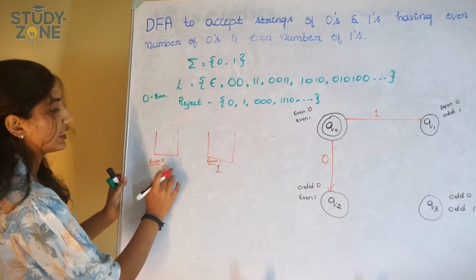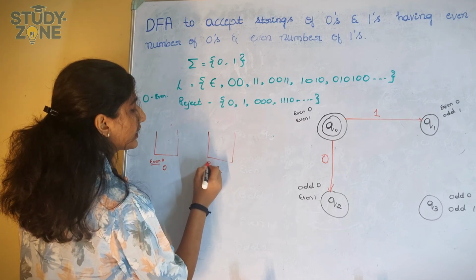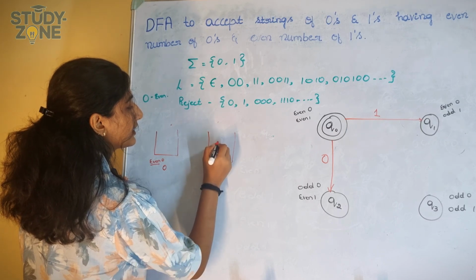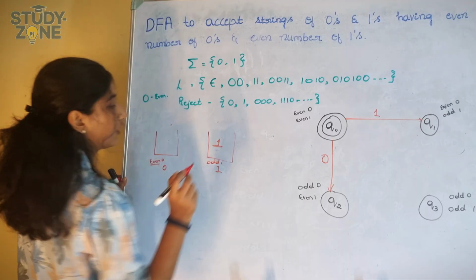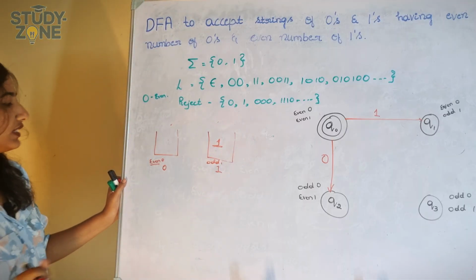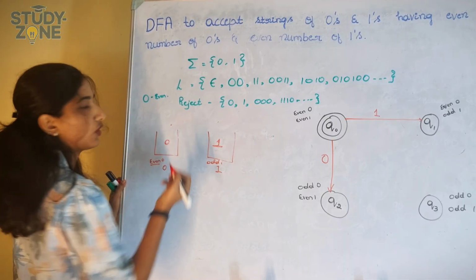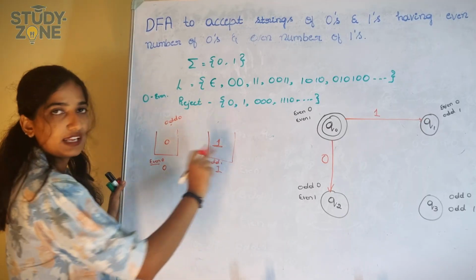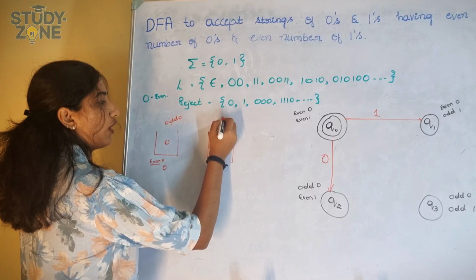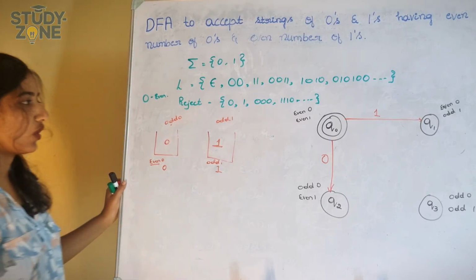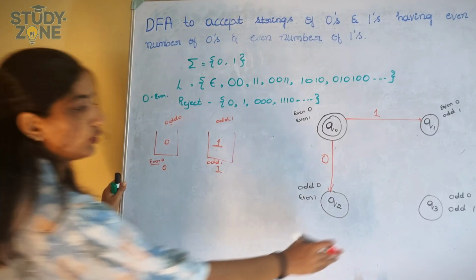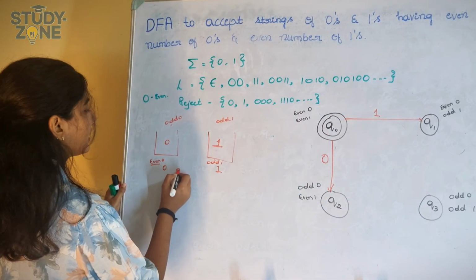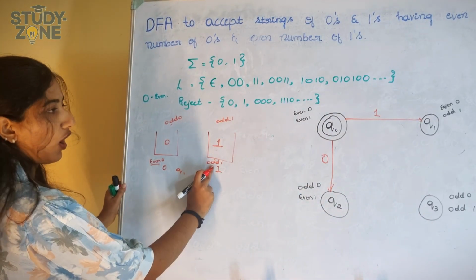Q1 has even 0 but odd 1, which means it already has 1. Now I will add 0 here, which means it becomes odd 0, and here I keep it as it is, which means odd 1. Which one has odd 0, odd 1? Q3 state. So this is the Q1 state, even 0, odd 1.